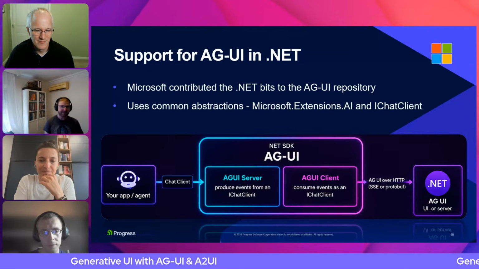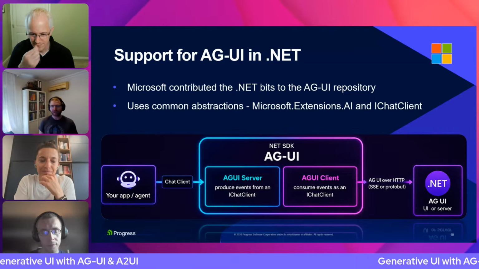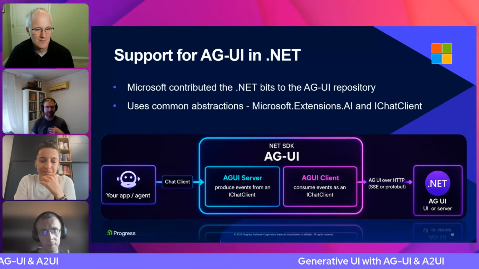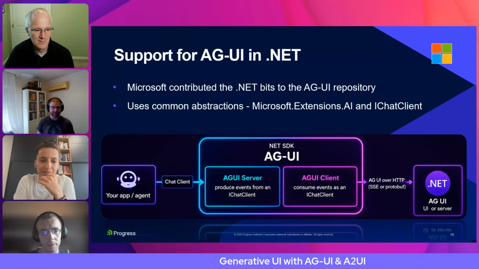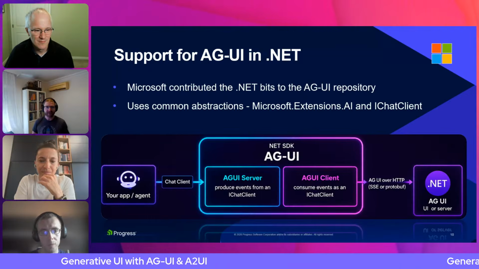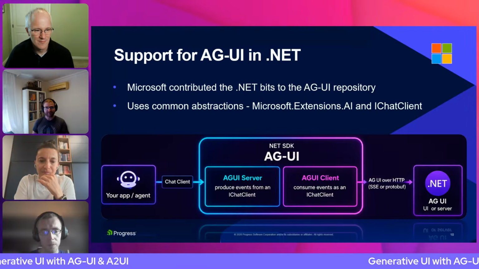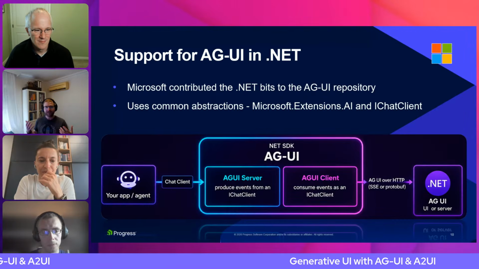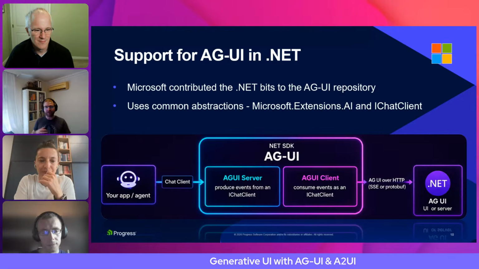And the idea is that for .NET, since we have the benefit of a set of standard exchange types, we build everything on top of IChatClient and all the different content types, and we map the protocol. But at the same time, we give you access to all the details.